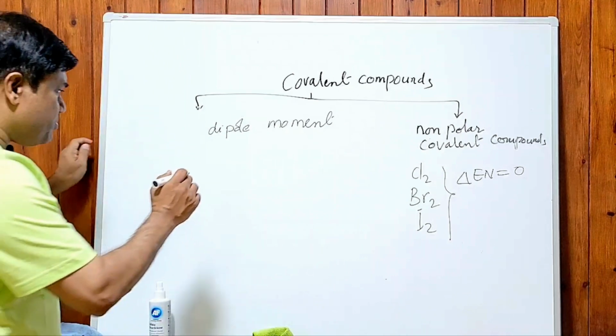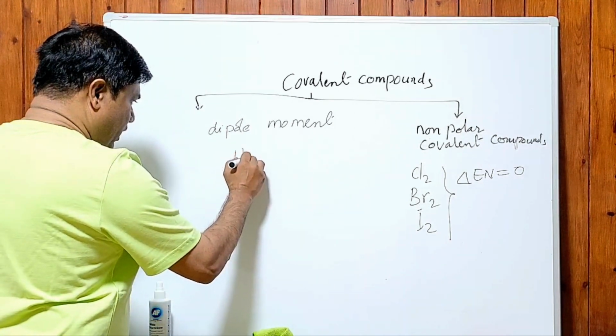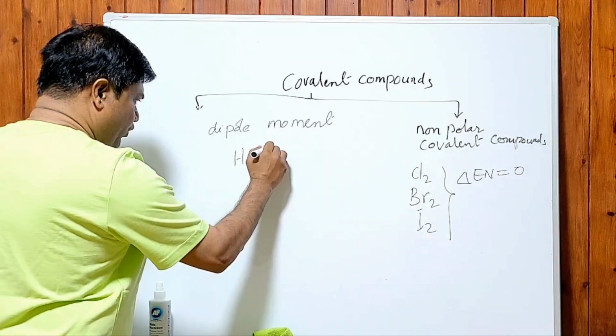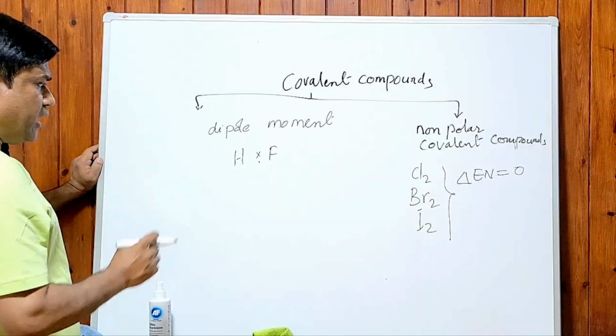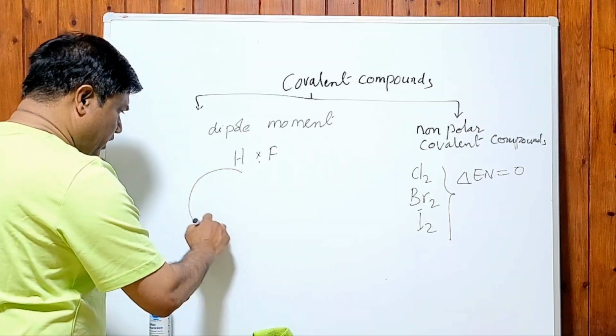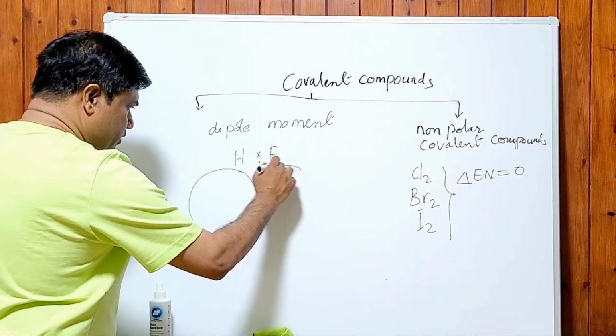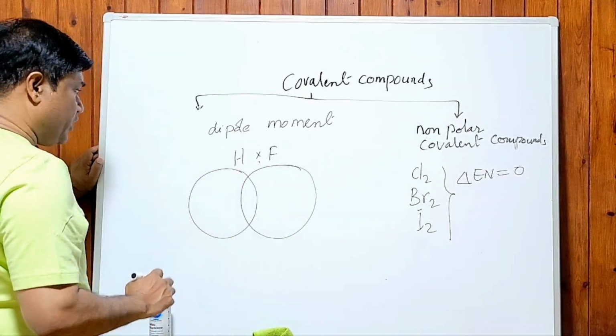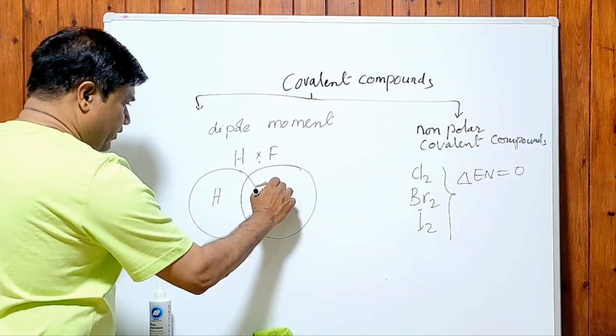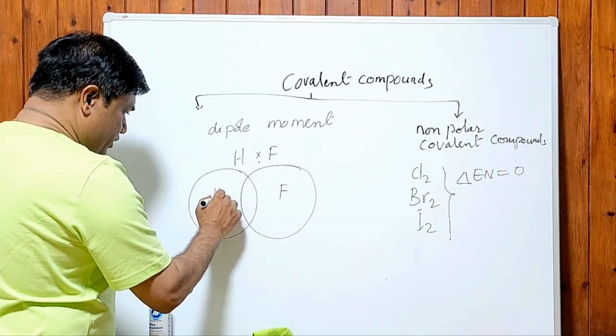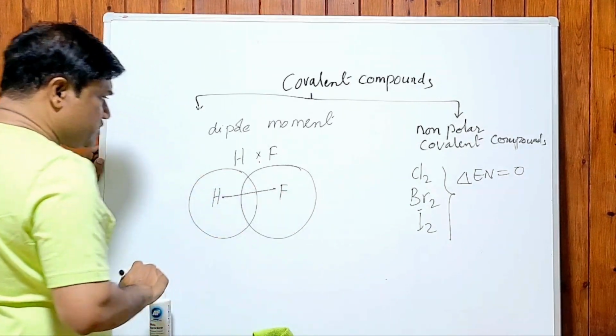Take for example hydrogen fluoride. Suppose this is the hydrogen atom, this is the fluorine atom. Here we have hydrogen, here we have fluorine. This is called the interatomic distance.